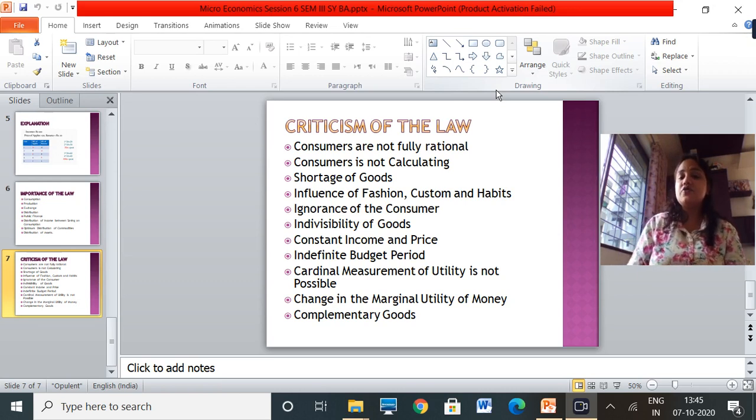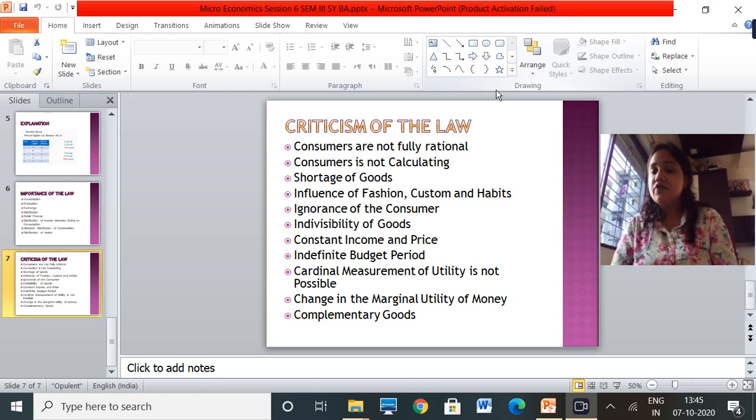There could be influence of fashion, custom and habits. Say for example, I am measuring it on ice creams. I like the ice cream which is Cornetto, so I'm measuring it on Cornetto ice cream. But now the new trend which has come is of those tawa ice creams.